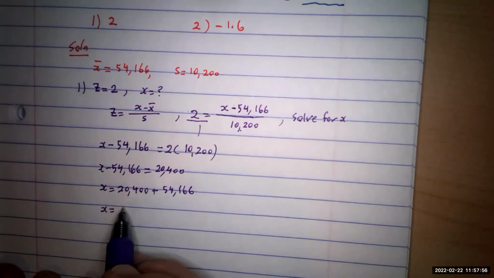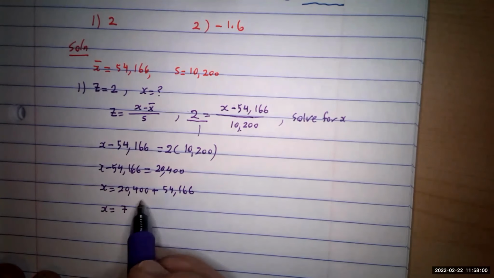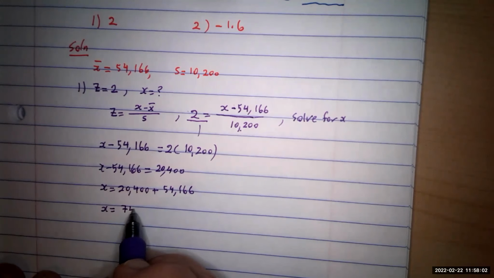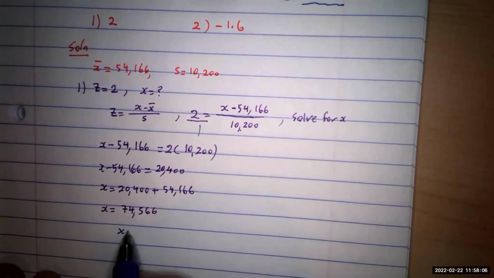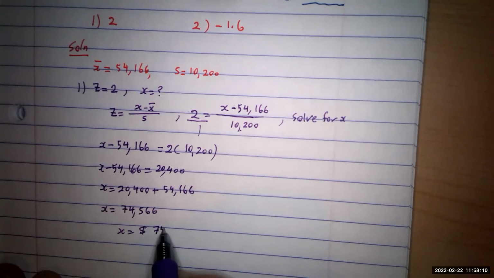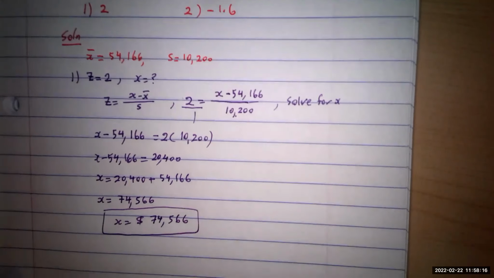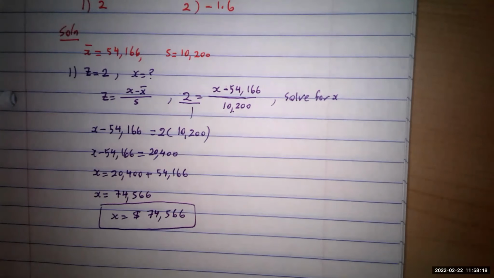That number is going to be 74,566. So the salary is a very good one: $74,566. It's a kind of converse problem.